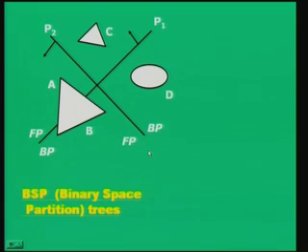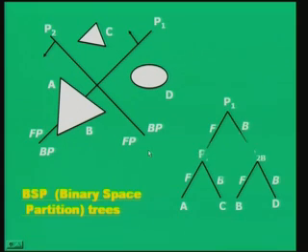Once that is done, this is what will result: with P1 as the root node, I can visualize a binary tree, with the links and the edges between the children of P1 labeled as front and back, depending upon whether we talk of a front partition or a back partition, and under that we have the surfaces on one side of P1 and the other side of P1. So, what are on the front side of P1?